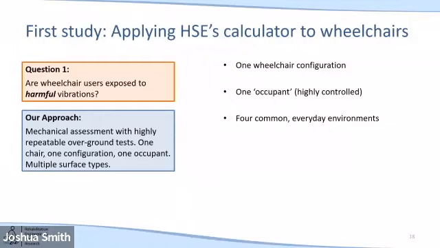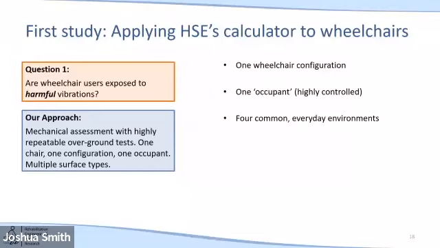So we wanted one wheelchair configuration, one frame, one set of casters and wheels, and one occupant able to propel this chair over countless surfaces, countless times, exactly the same each time. Very hard to do, very tricky to find a subject like that.